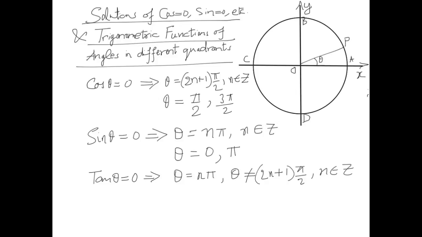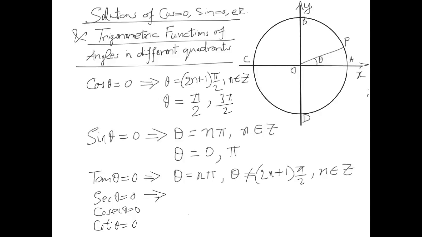Now, for the sake of completeness, let us also look at the solutions for the equations sec theta equals to 0, cosec theta equals to 0, and cot theta is equal to 0. Now, we have seen earlier that sec theta cannot be 0 because 0 is not part of the range of the function sec theta.